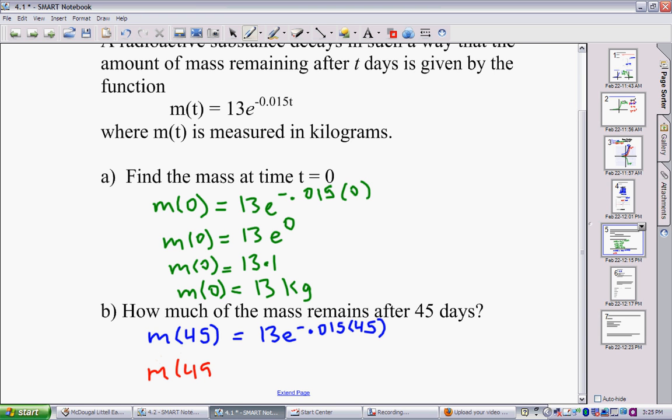And you get the mass at 45 days to be 6.619 kilograms. It lost about half its mass in 45 days.